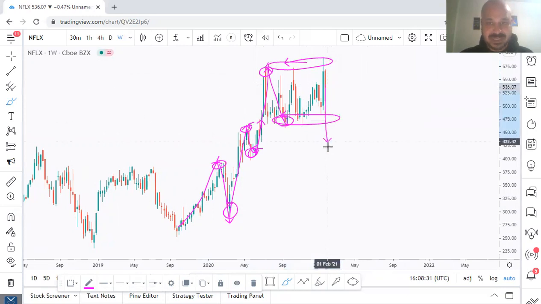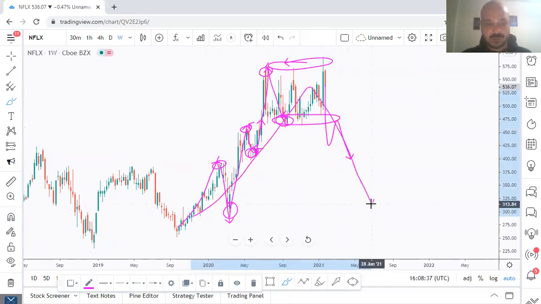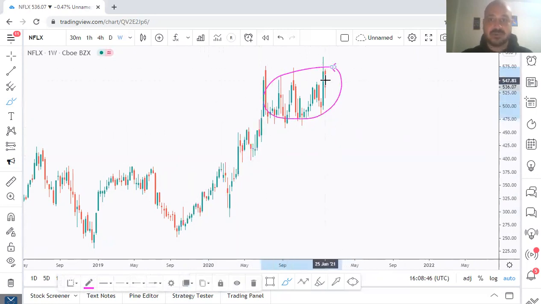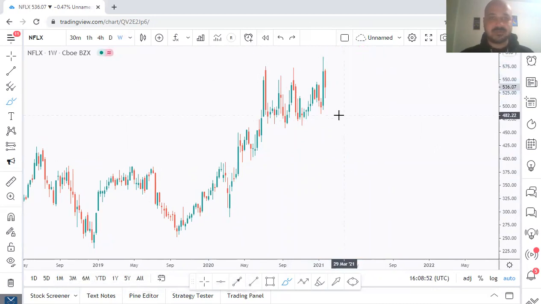So until price breaks below the previous low, we can say that we have a shift in momentum from bullish to bearish. So for now, from the weekly time frame, we are currently stuck inside a range, and we'll be looking for a break to look for sell setups, or a break to look for buy setups, right?